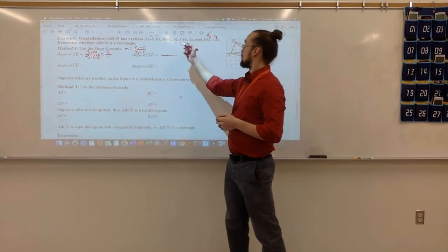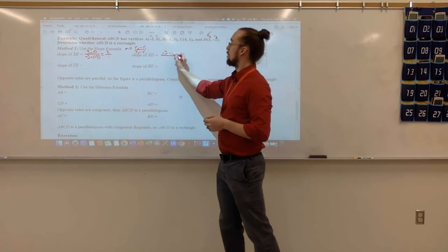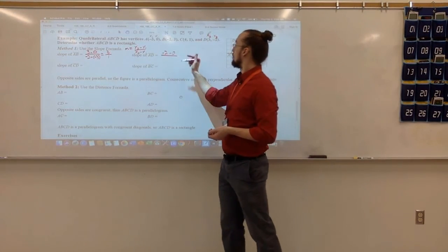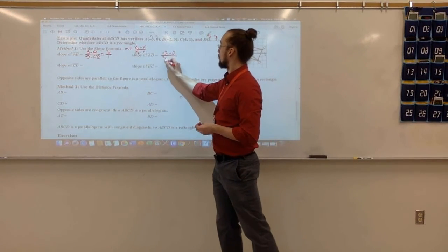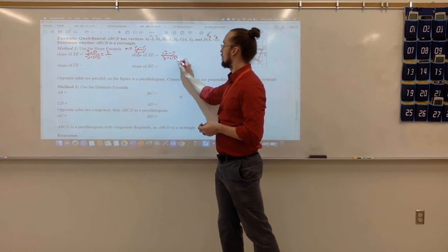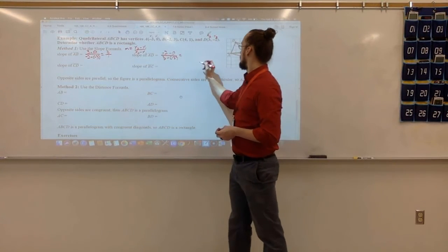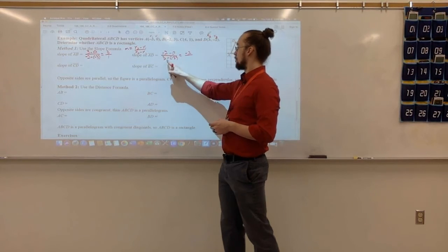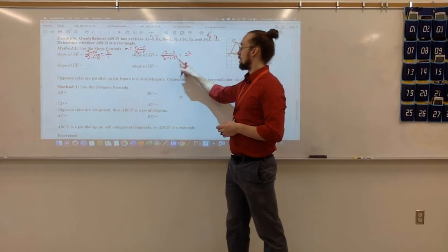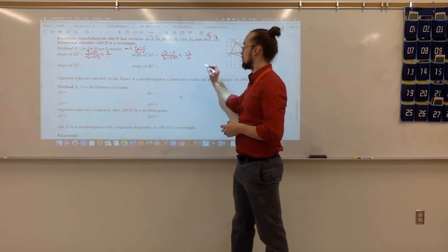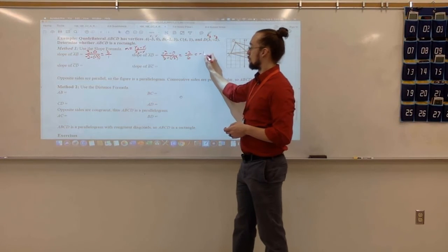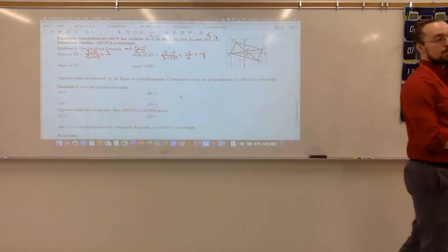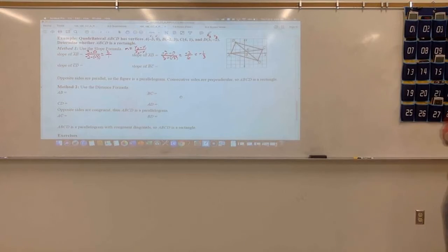So y2 minus y1 would be -2 minus 0 over x2 minus x1. So 3 minus -3. So -2 minus 0 is -2 over 3 minus -3. That'd be 6. And then we want to reduce as far as we can. So -2 over +6 would reduce to -1/3.